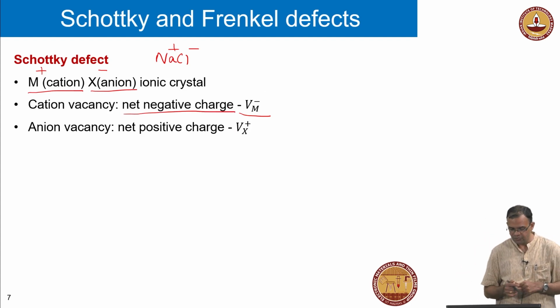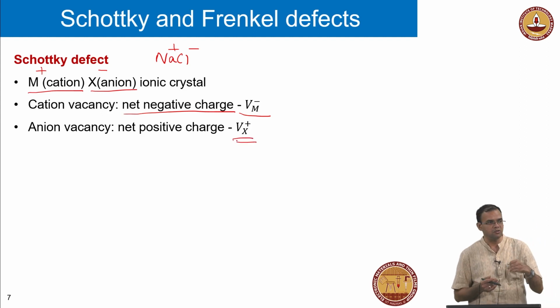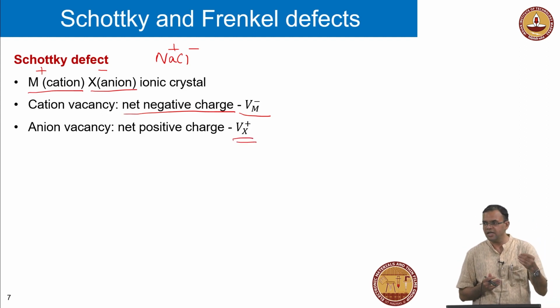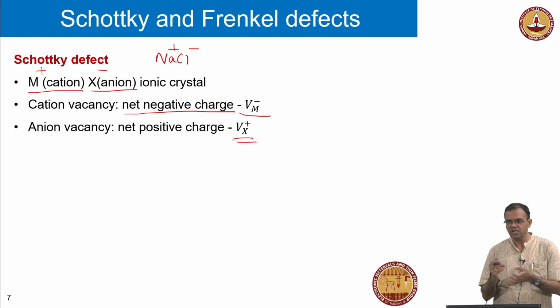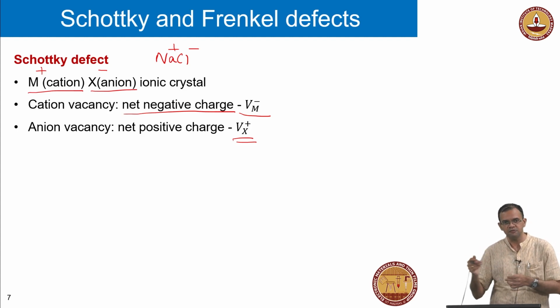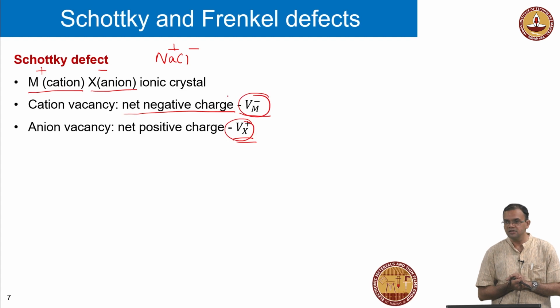The same way I can remove Cl minus. Once I remove Cl minus, this is a site that should have a minus 1 charge. The moment I remove Cl minus, I have a charge of 0. So the net charge is 0 minus of minus 1. So I have a net positive charge. Does that make sense?